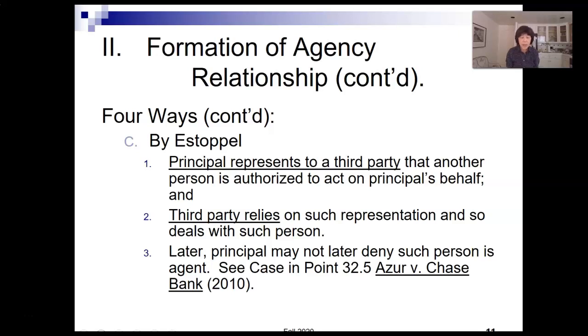He had given the bank reason to believe that his assistant had authority to act and to make those cash advances or take those cash advances. So Mr. Azure had to take the loss here. He wasn't going to get his money. He did not get his money back from Chase, and he is estopped. Okay, he is estopped from denying the assistant's authority.